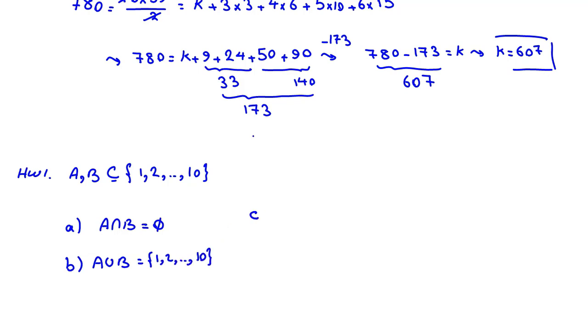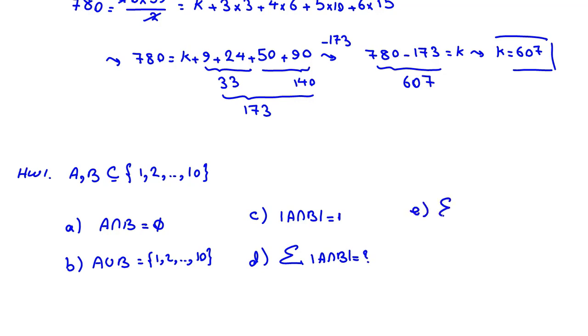How many A and B are there such that the number of elements, the cardinality, the 2 vertical lines for subsets means number of elements, equals 1? How many A and B are there? Then calculate the sum, for all A and B, of the size of A intersect B. Part E. For all A and B, calculate the sum of the size of A union B.